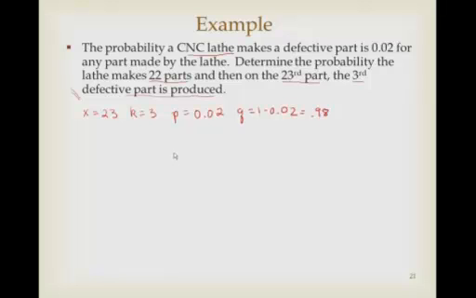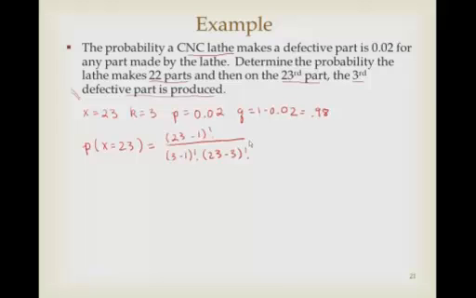Okay, let's just plug it right into the negative binomial. We'll say it's 23 minus 1 factorial over 3 minus 1 factorial, times 23 minus 3 factorial.